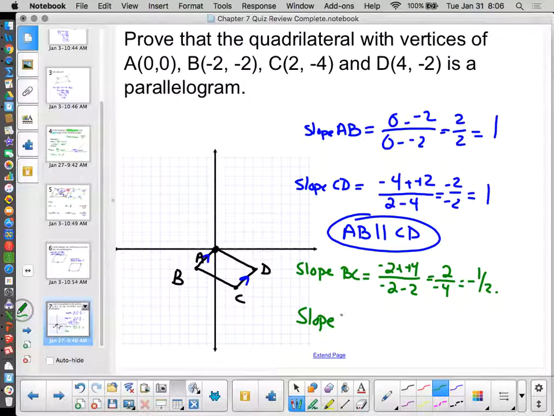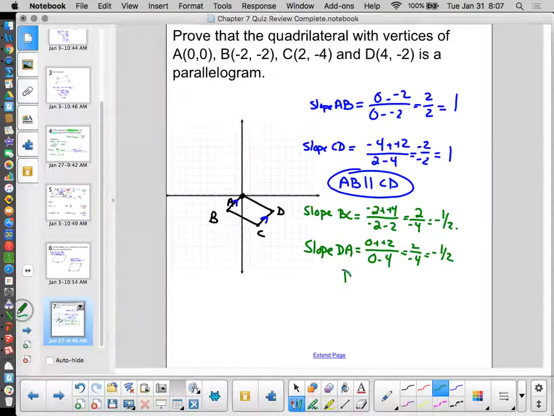Slope of DA equals 0 minus -2 over 0 minus 4, which is 2 over -4, which is -1/2. Aha! They're the same, so DA is parallel to BC. There's my conclusion. And then how do I know it's a parallelogram?